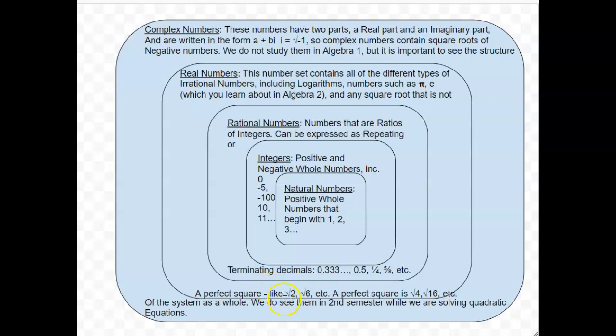And that includes numbers like the square root of 2, the square root of 6, etc. A perfect square, like the square root of 4, which equals 2, and the square root of 16, which equals 4, those are actually natural numbers, okay? They are all positive whole numbers, all right? So they're natural numbers.